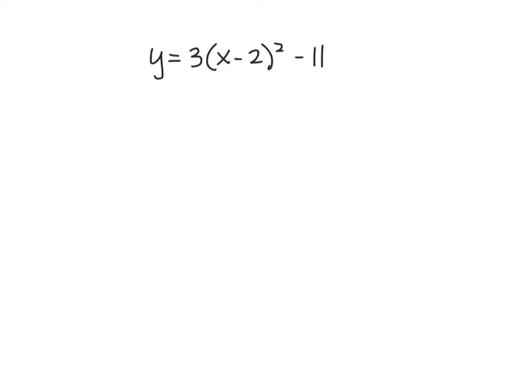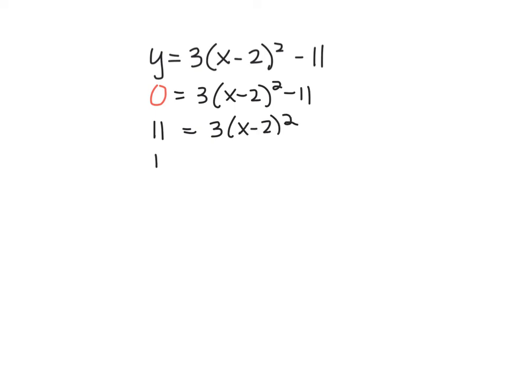Just real quickly, let's look at how we would solve from vertex form. Remember, solving is finding the x-intercepts. I know at x-intercepts y is 0, so I'm going to plug 0 in here. I'm going to add 11 to this side. I'm going to divide by 3.